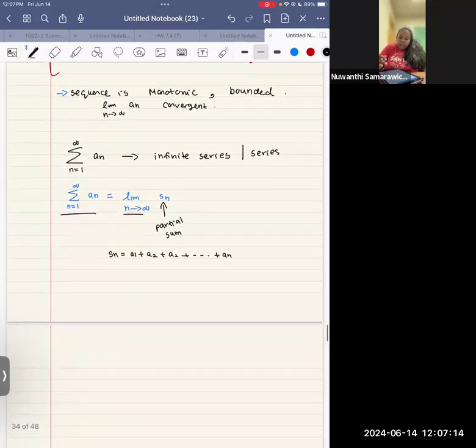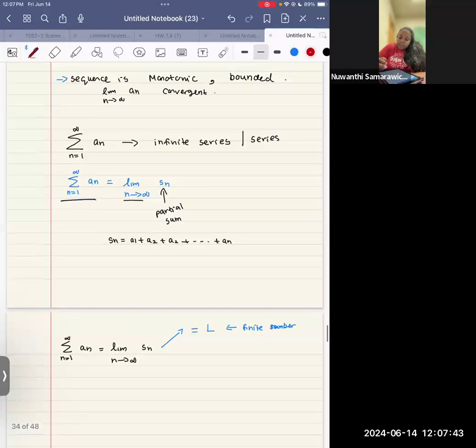Now, what do we mean by convergent and divergent in series? This is the infinite series, meaning the limit as n approaches infinity of the partial sum. If we get this equal to L, a finite number, then we say the series is convergent.